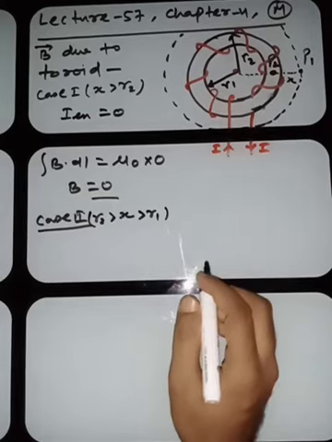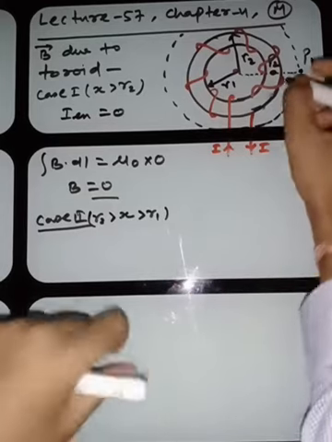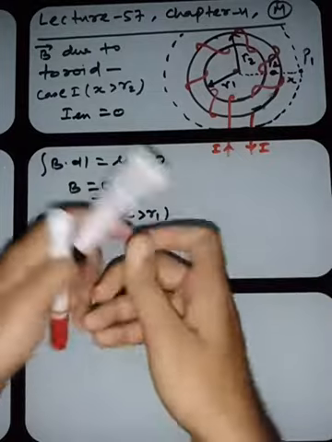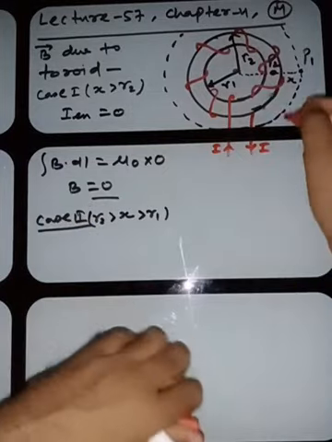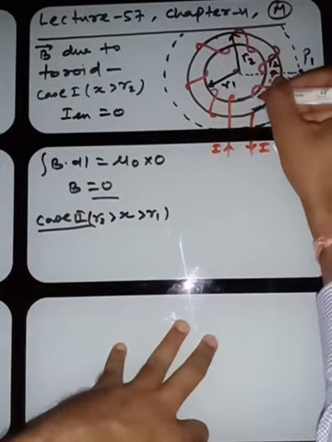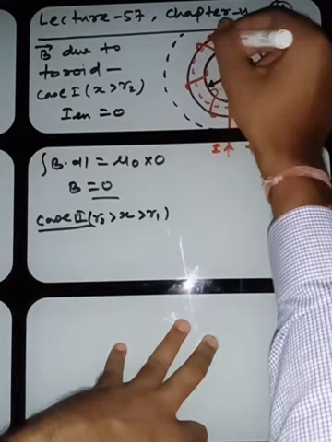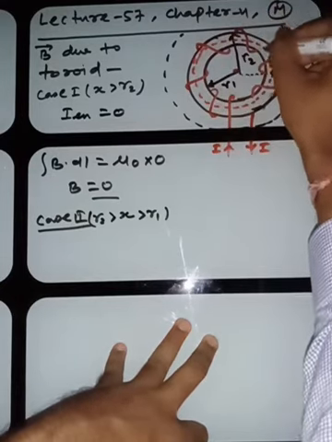Now here you will go inside this toroid. Let me draw the Amperian loop using my red sketch. This one is your Amperian loop.